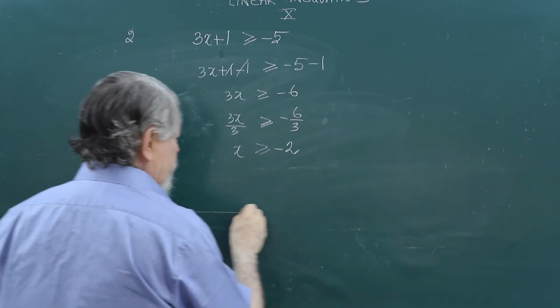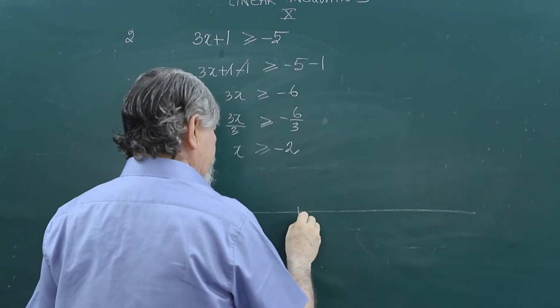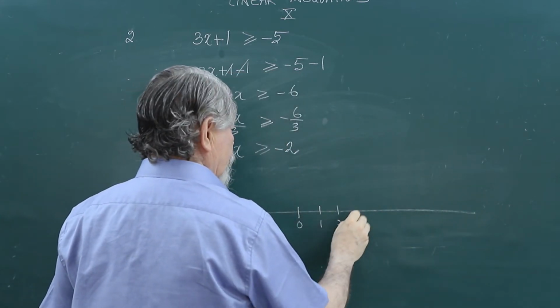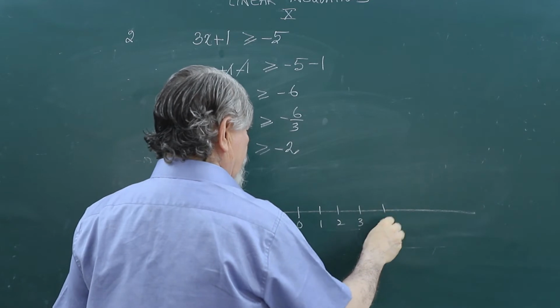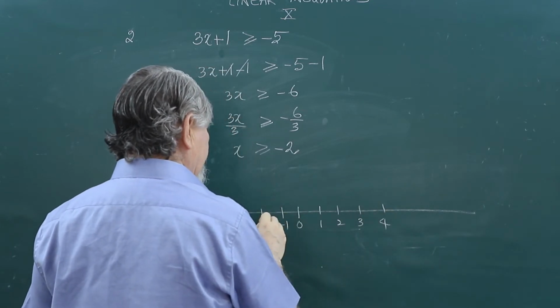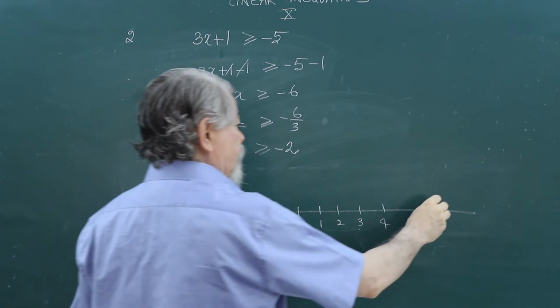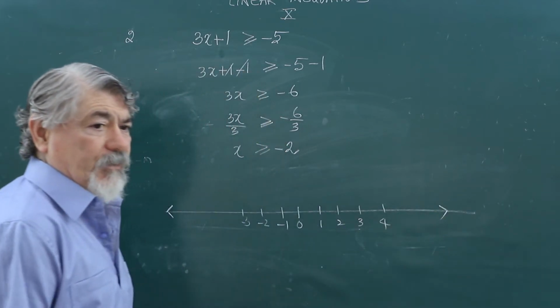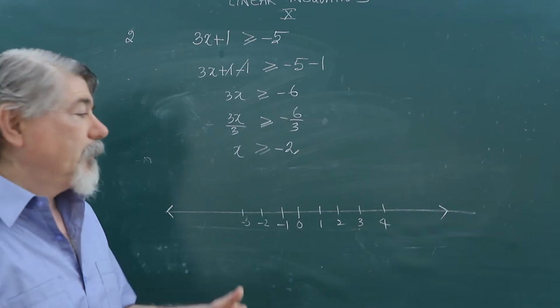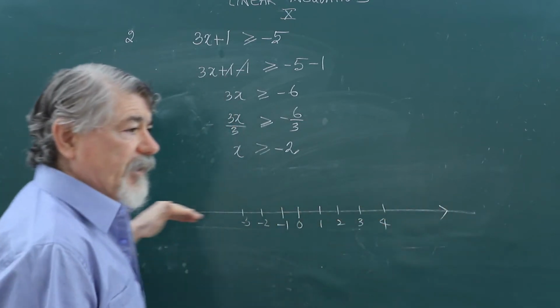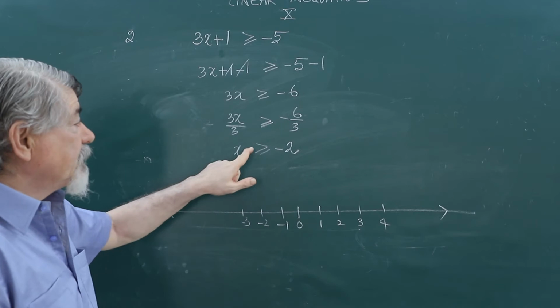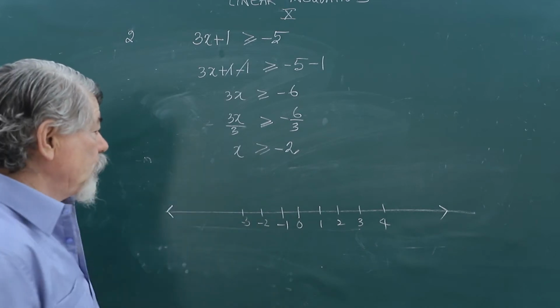Now, how do I represent it on the number line? Again 0, 1, 2, 3, 4, minus 1. Both sides should be shown. A few numbers on both sides should be shown, with arrows indicating that the number line is going towards plus infinity and minus infinity. x is greater than or equal to minus 2.